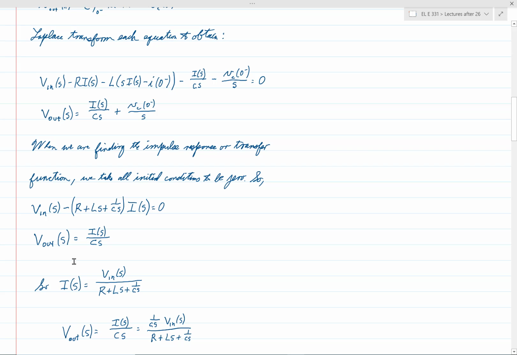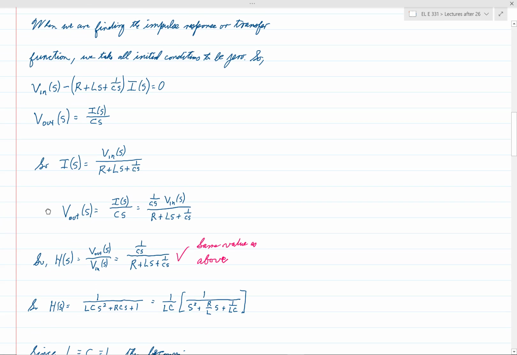And notice that the second equation tells us that V out is equal to 1 over Cs times I of s, which we have right here. So that would just be V out is equal to this. And then finally, H of s is V out of s divided by V in of s.